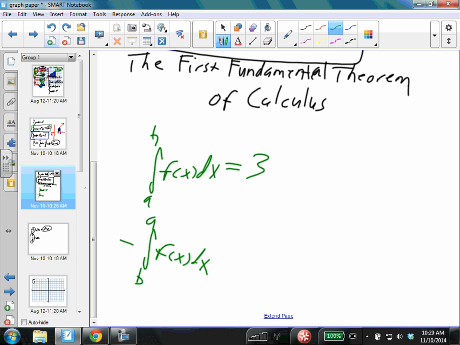The integral from B to A is the negative of the integral from A to B, so it would end up being negative 3. Remember that property that if you flip the order, you get a negative instead of a positive, it just changes the sign. If we make the big number on bottom and the small number on top, it'll just change the sign of whatever we had before. It's perfectly fine. It'll all work out. It's all taken care of in there.